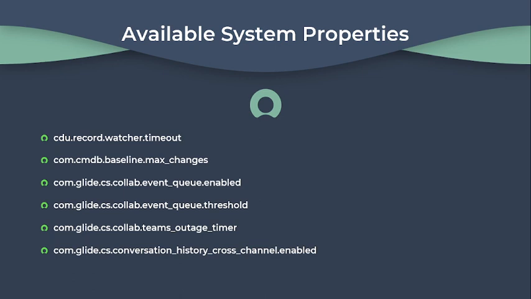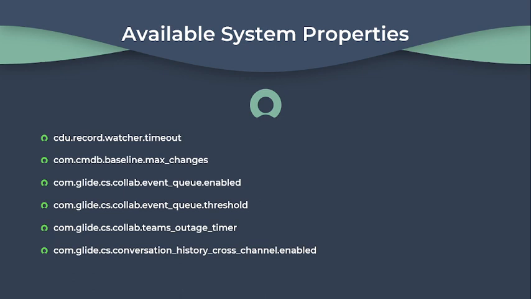Then com.glide.cs.conversation_history_cross_channel_enabled. It enables or disables the visibility of cross-channel conversation history in the chat panel when an agent is having a conversation with a requester. So these are some of the properties.